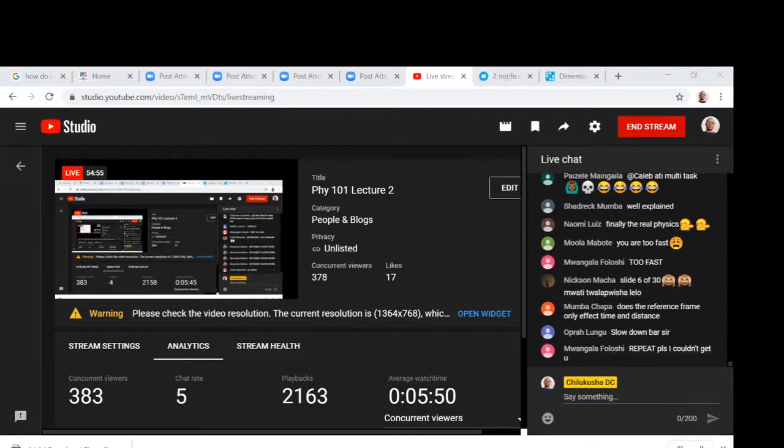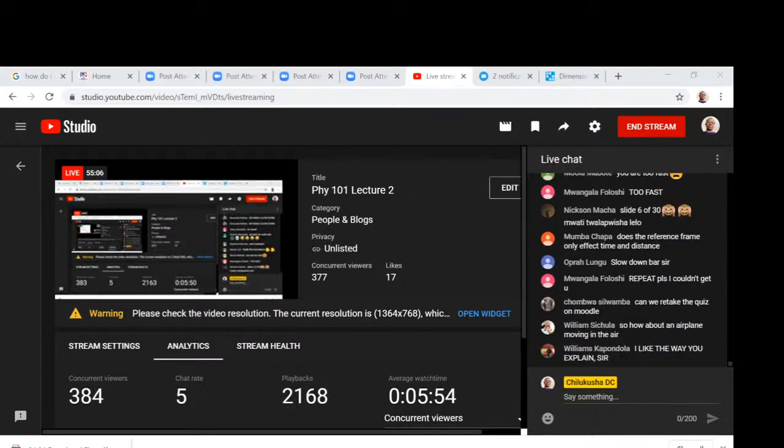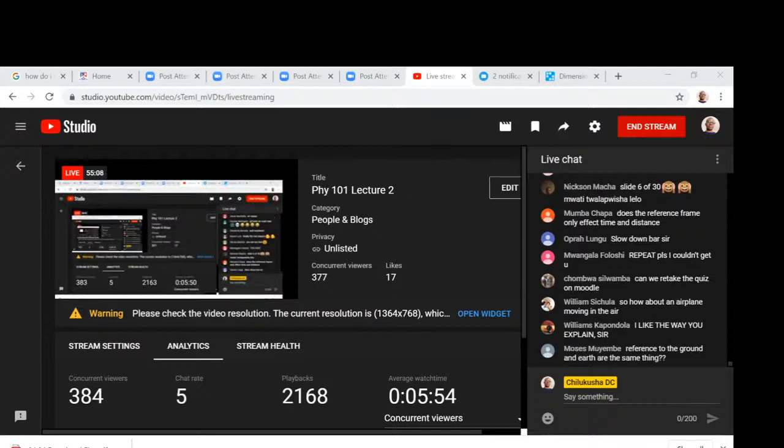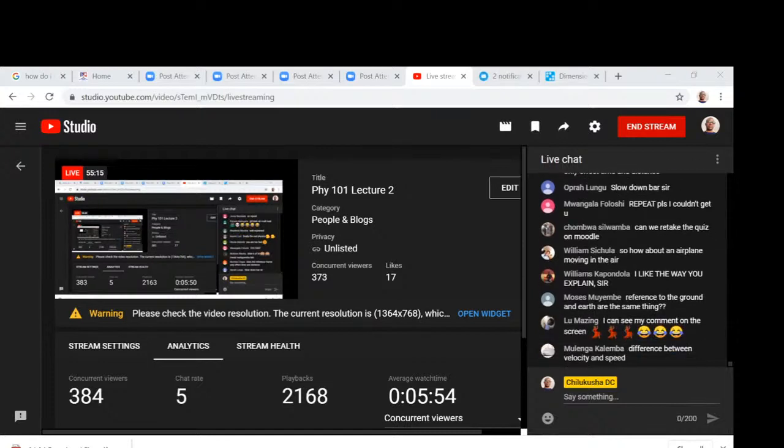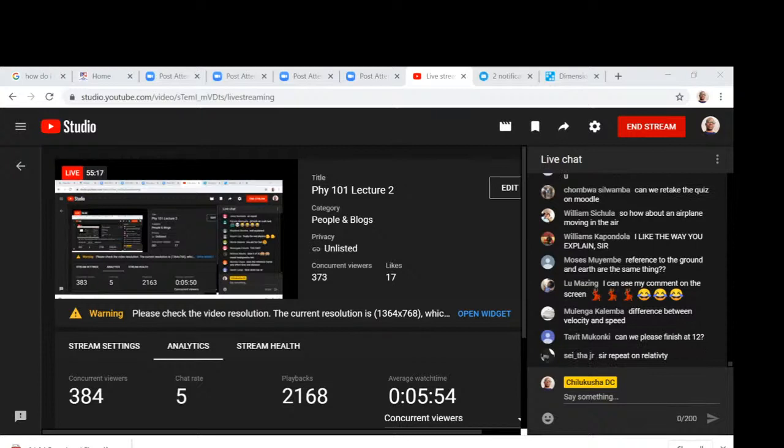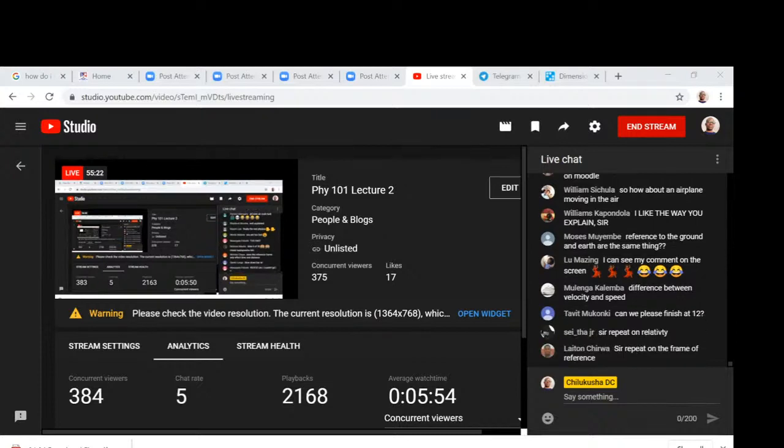Okay, so does the frame of reference only affect time and distance? That is from Mumba Chapa. So the frame of reference, in other words, is the position, so to speak, where you are making the measurement from. In that example that I gave about the train, you could make measurements from inside the train.